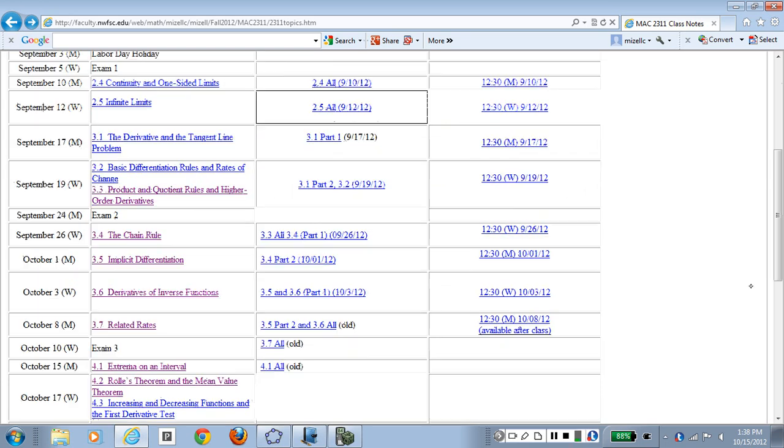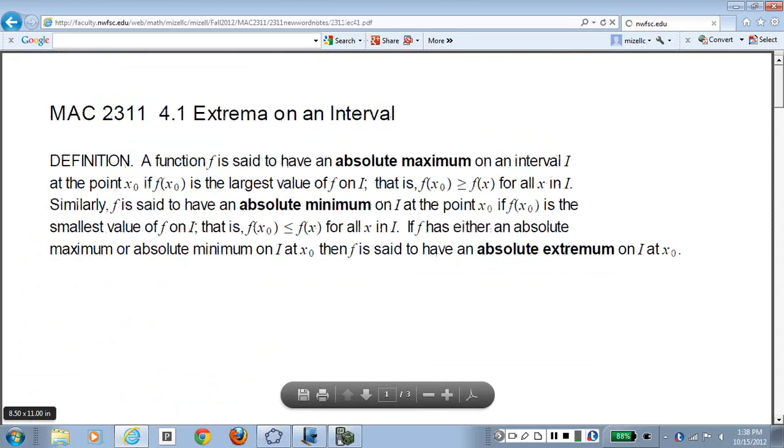Let's look at 4.1 and see what we're going to be talking about in Chapter 4. In Chapter 4, we look at functions, at graphs of functions. We'll be analyzing the graph of the first derivative and trying to come up with some key features of the first derivative that give us information about specific aspects of the graph of the original function.